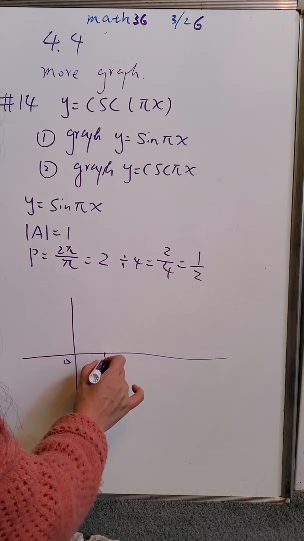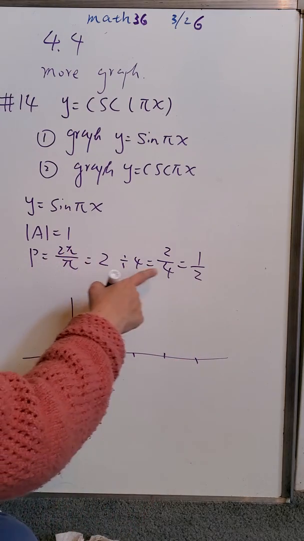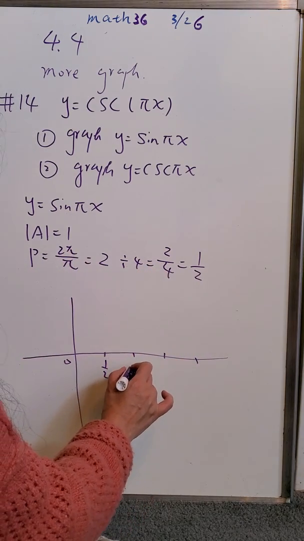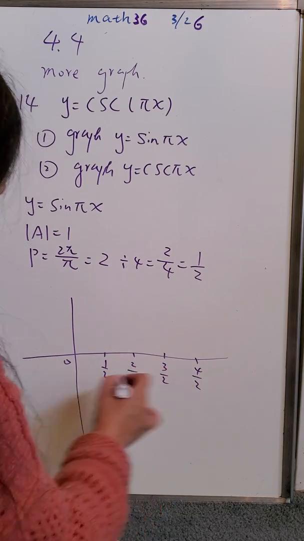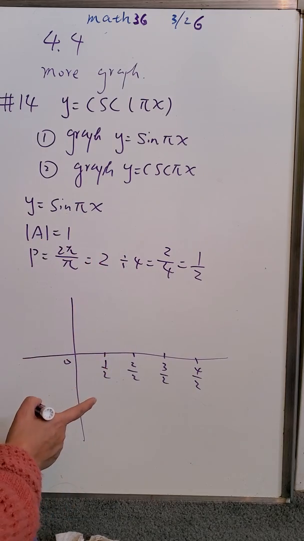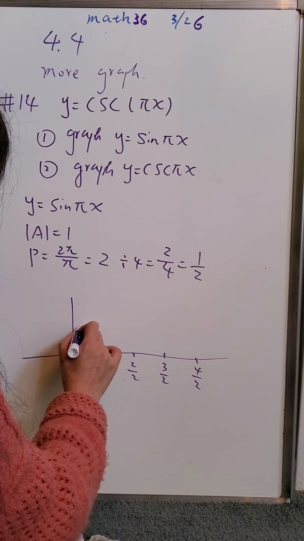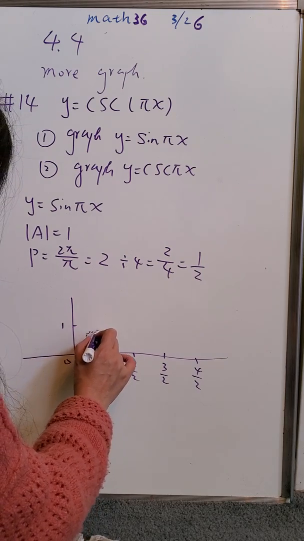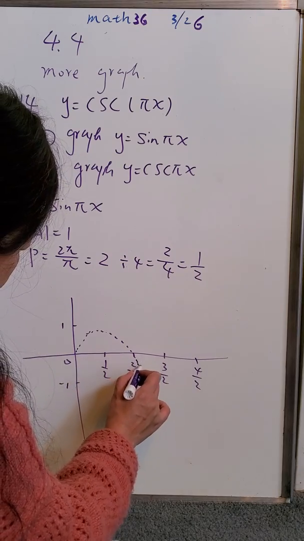So 1, 2, 3, 4, and 1/2, 2 over 2, 3 over 2, and then 4 over 2. The sine graph is not your final graph, so therefore use a broken line. Broken dots, here's a 1 here, and -1.